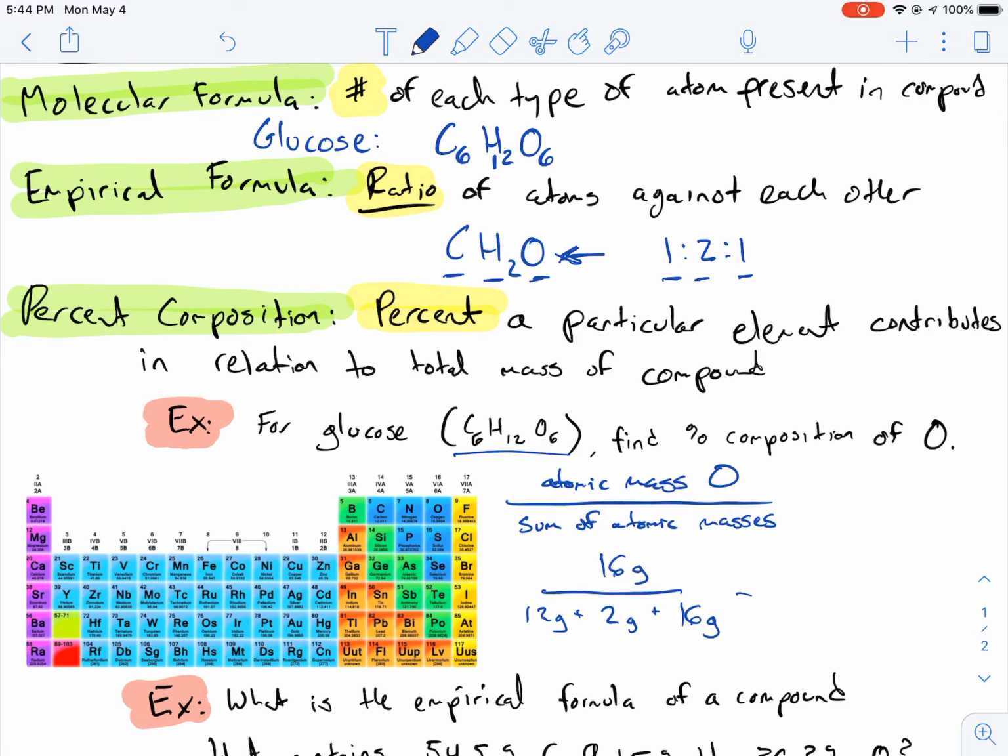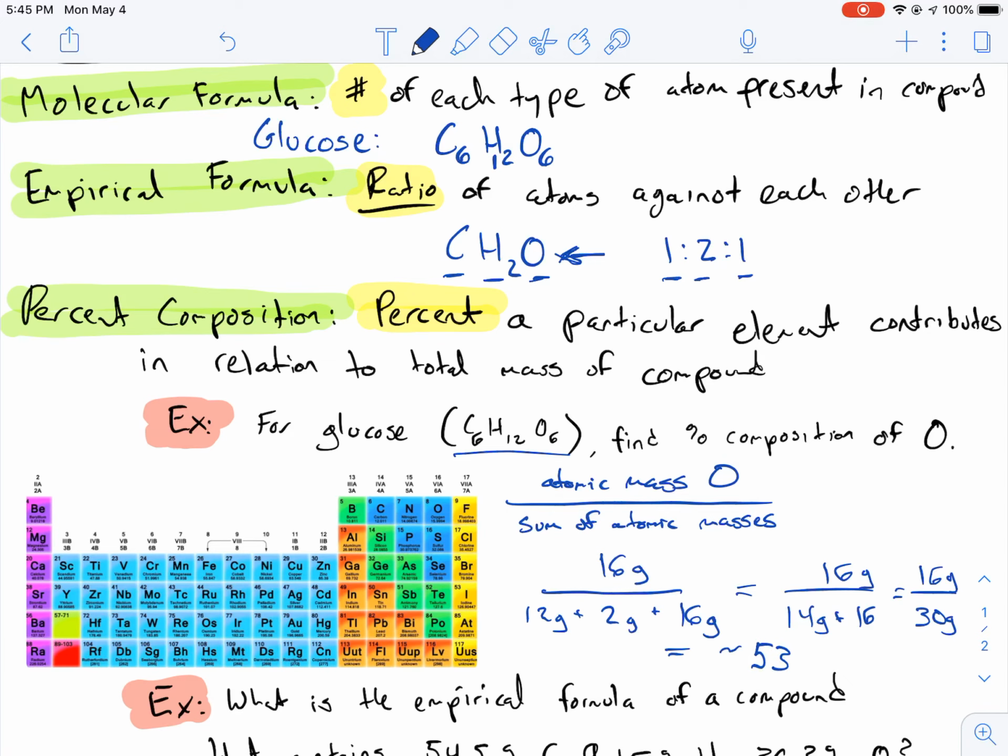And so we'll reduce that. 16 grams over obviously 14 grams plus 16. And we have 16 grams over 30 grams. And that comes out to equal about 53%. Let's write that a little bit neater.